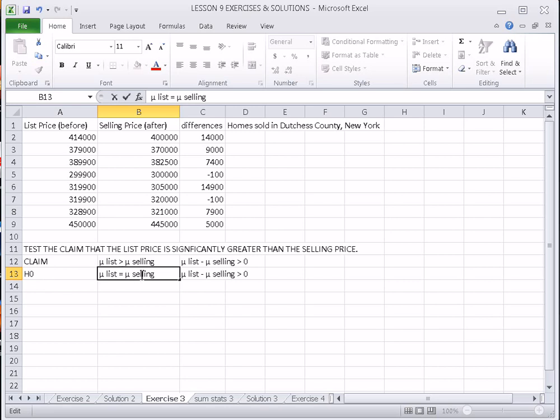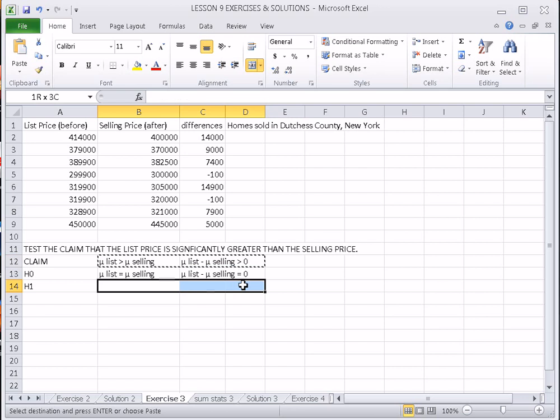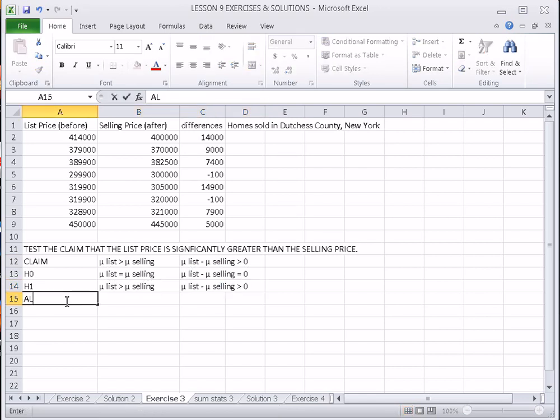So we'll have list price equals selling price, or the mean list equals the mean selling, or the mean list price minus the mean selling price equals 0, and then the alternative is the same as the claim. Alright, we said to choose an alpha. We decided to choose an alpha of 0.05 because it was small.